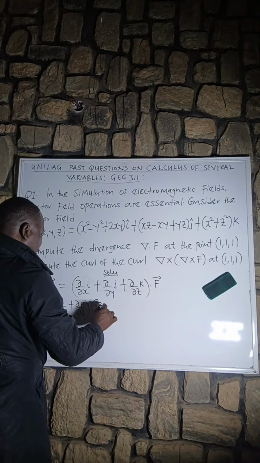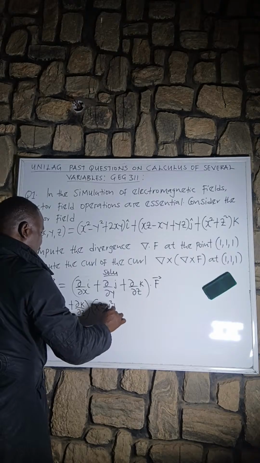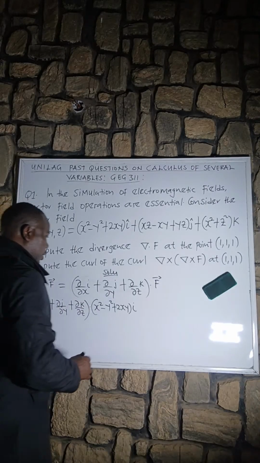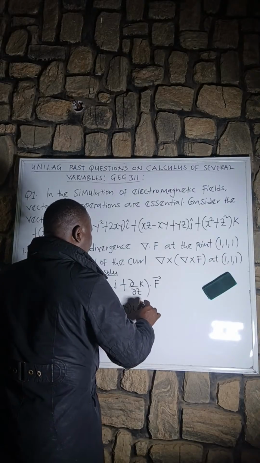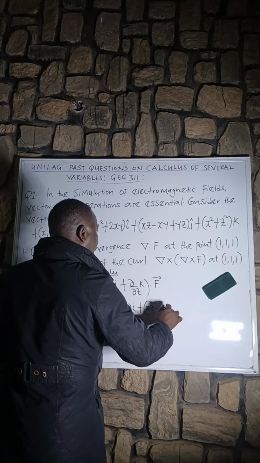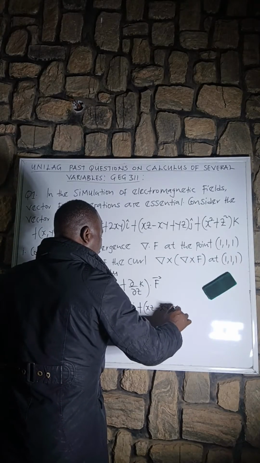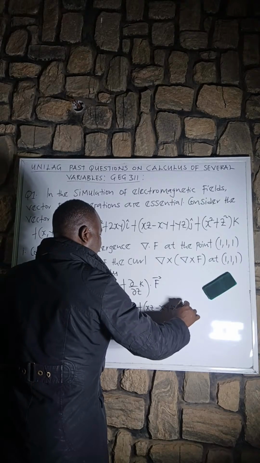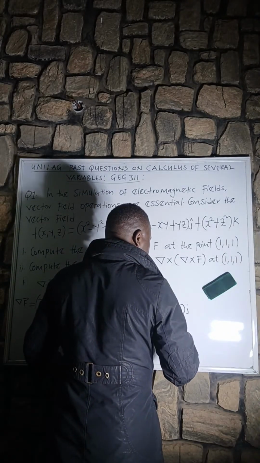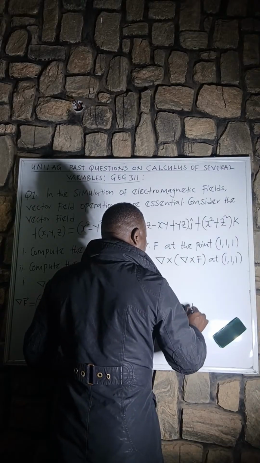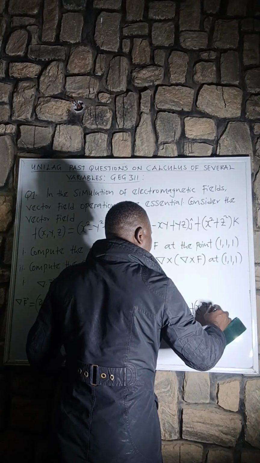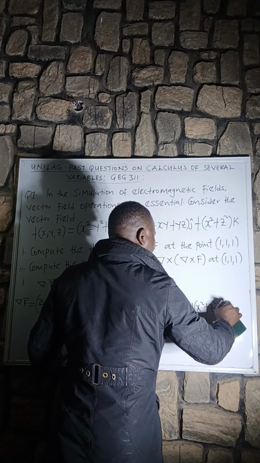(x squared minus y squared plus 2xy) i plus (xz minus xy plus yz) j, plus (x squared plus z squared) k.